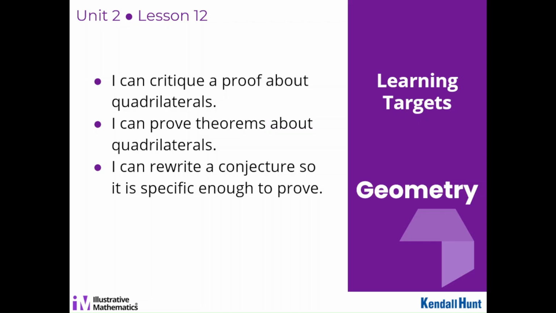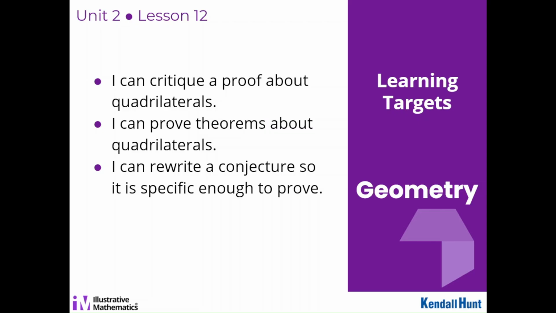And then learning target number 3 says that you can rewrite a conjecture so it is specific enough to prove. So this would line up with that third practice problem, where you know how to write the conjecture so that it can be proven to the degree that you're talking about. So are you only talking about the diagonals being bisectors, or are you saying that it's proving something about the parallelogram as a whole?